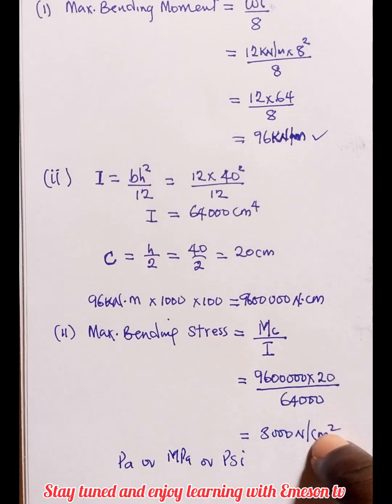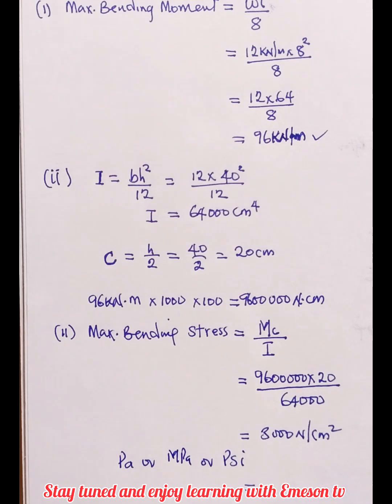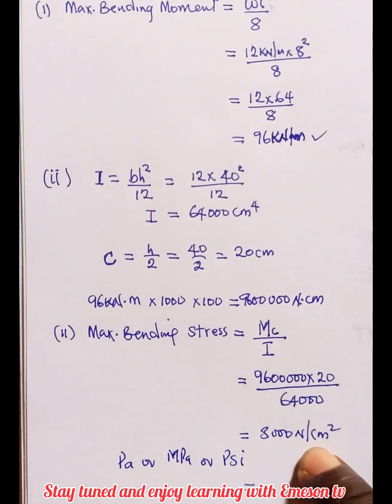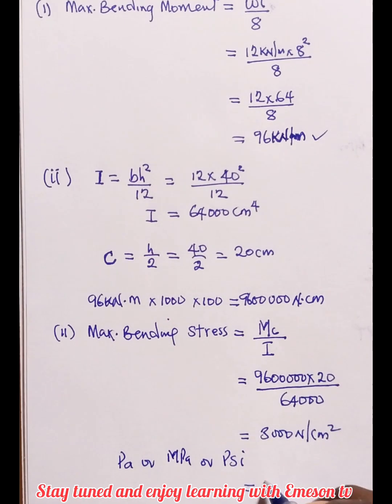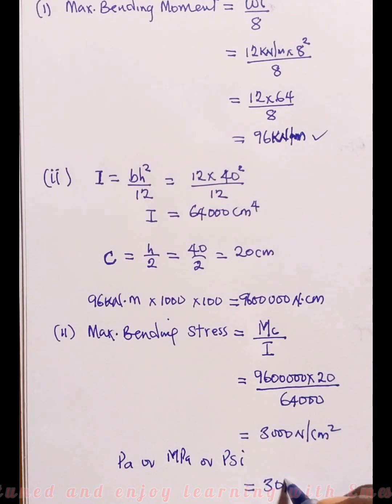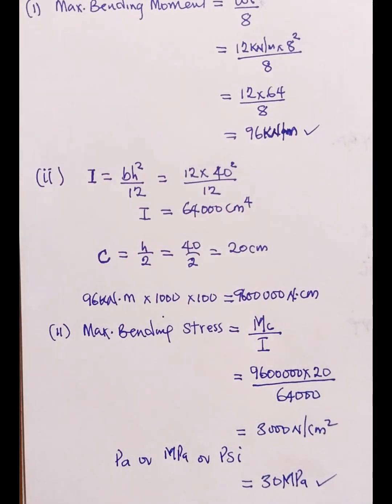So let's convert this to MPa for the final answer. If you are converting this to MPa, you have to divide this by 100. So we eventually have 30 MPa. This eventually becomes the value for the maximum bending stress.